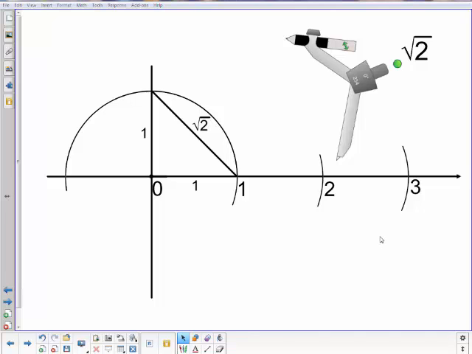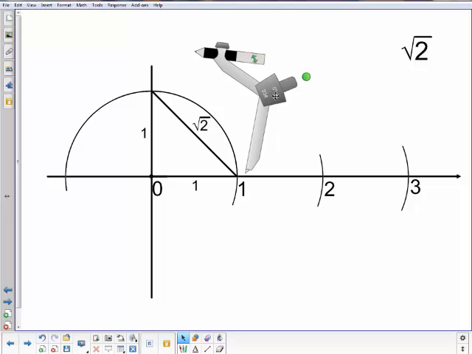So to complete our construction, all we need do is use our compass to copy the segment of length radical 2 onto our number line.